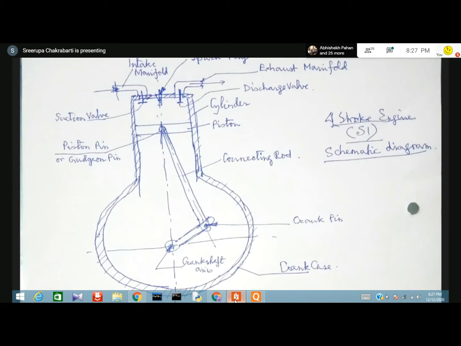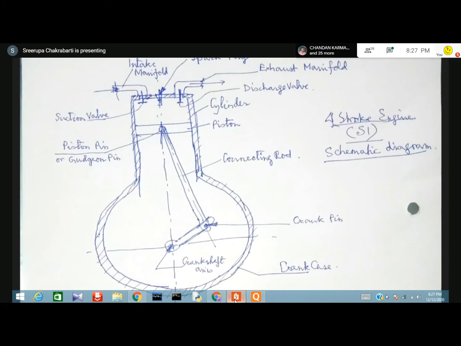This "when" refers to the rotation of the crank and the crankshaft. So piston, connecting rod, crank, and the crank comes to an axis. I have shown the crankshaft axis. This crankshaft axis is where the rotation comes.